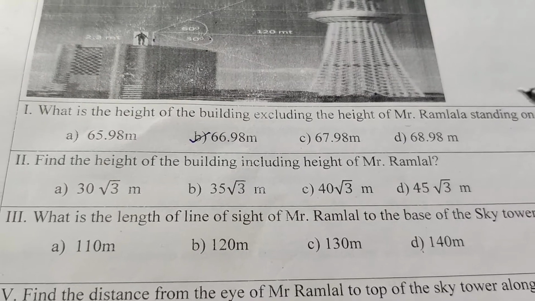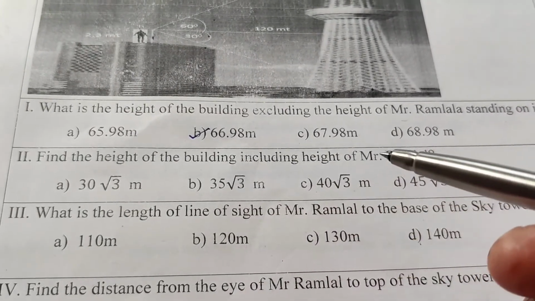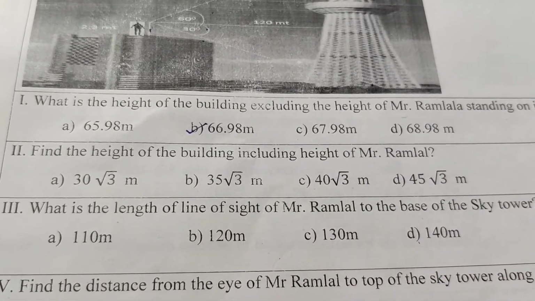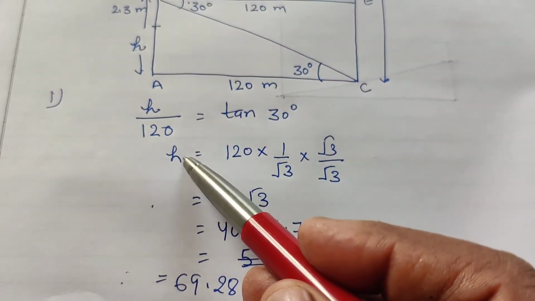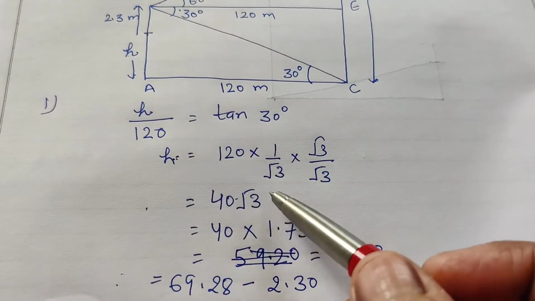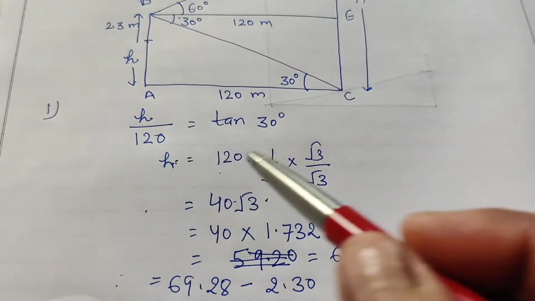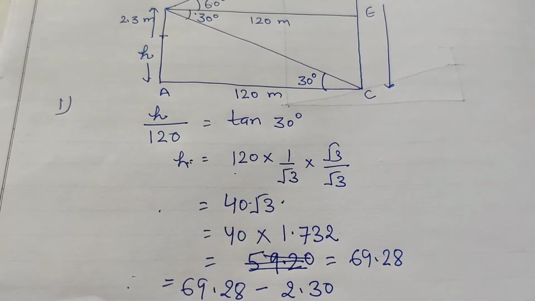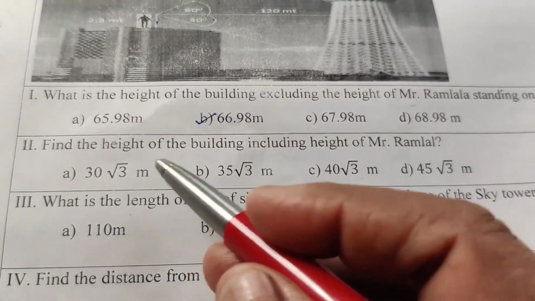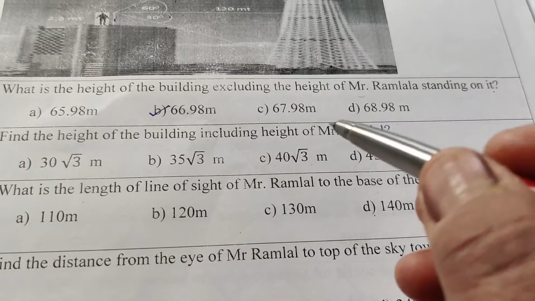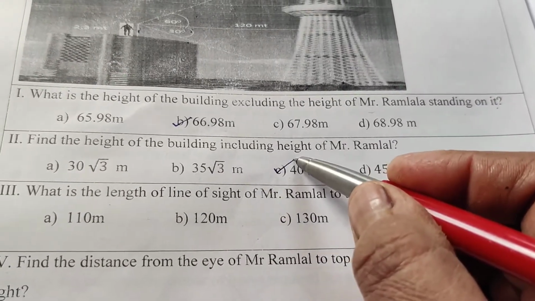Okay. Next, find the height of the building including the height of Ramlal. Including Ramlal, the height of the building H is 40 root 3. Therefore, which option is right? 40 root 3.